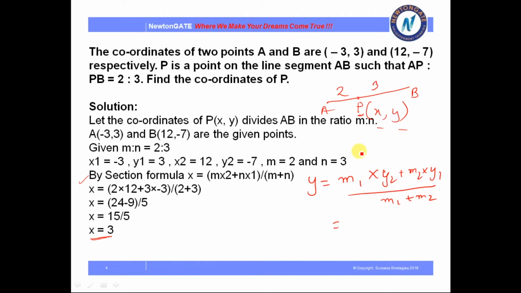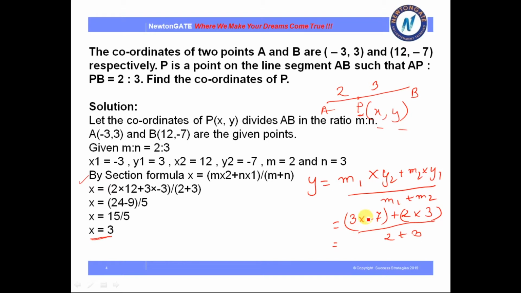So, 3 into Y2. What is Y2? -7. So, 3 into -7 plus 2 into 3. Value of Y1 is 3. So, divided by 2 plus 3. So what does it give us?